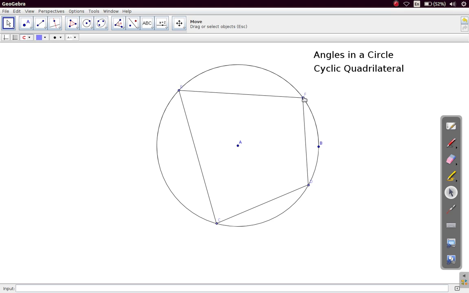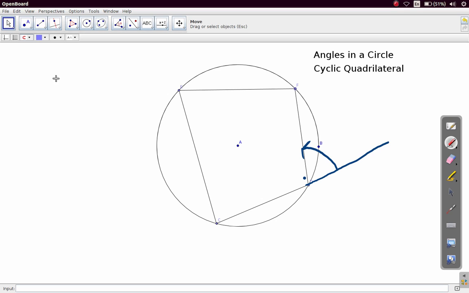Now, suppose I want to consider the statement that the exterior angle of a cyclic quadrilateral is equal to the interior opposite angle. What that really means is that if I should extend this line up here, and I find this angle, let me get rid of this point here.